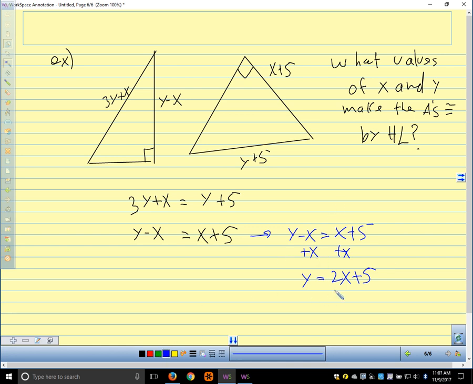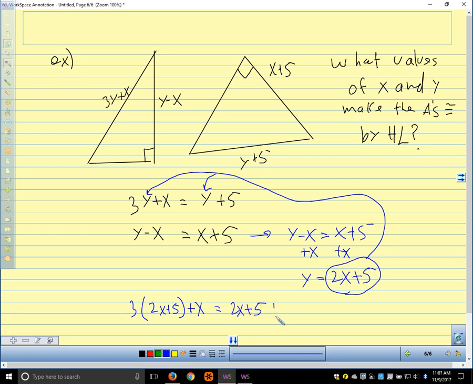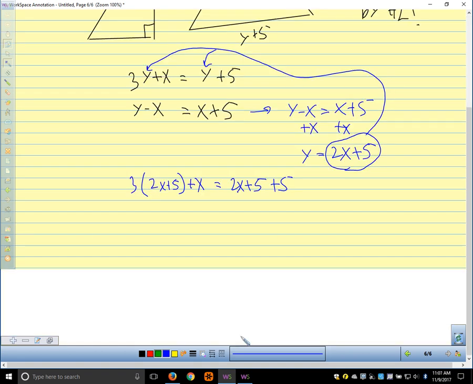Now I'm going to take that, 2x plus 5, and put it in the other equation for y, there, and there. So I'm going to substitute. So I get 3 times 2x plus 5 plus x equals 2x plus 5 plus 5. So now we just have x's there. And I'm going to be able to solve for x, get x by itself.